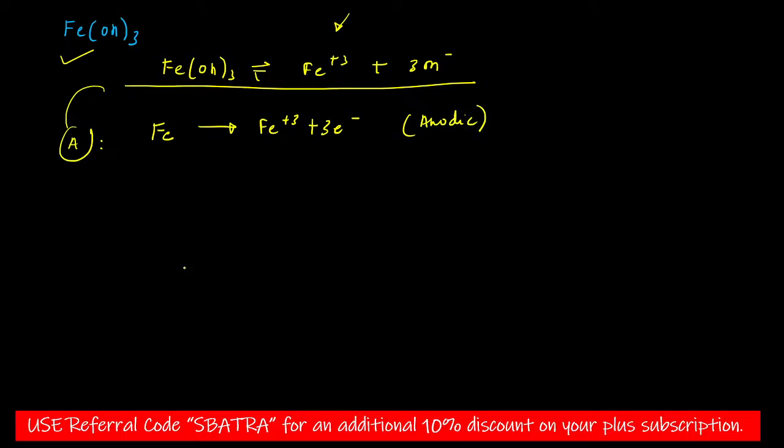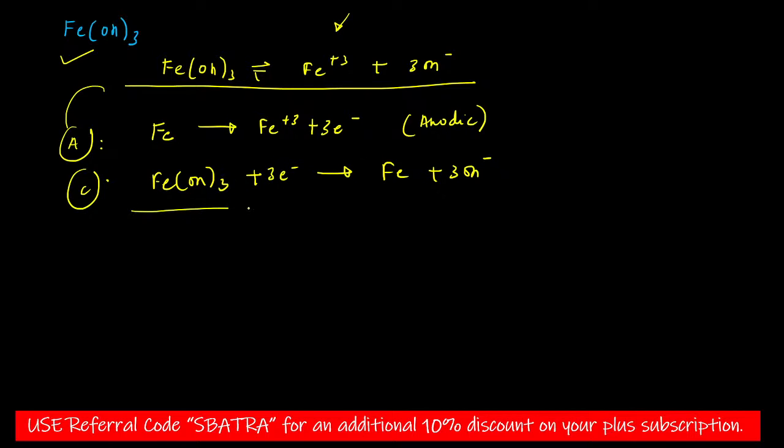Now we need to find out the cathodic compartment. Let's suppose our cathodic compartment is a metal, insoluble salt, anion half cell. We are just assuming. So the metal insoluble salt is Fe(OH)3. It will take electrons at the cathode: Fe(OH)3 plus 3 electrons gives iron plus 3 OH- ions.